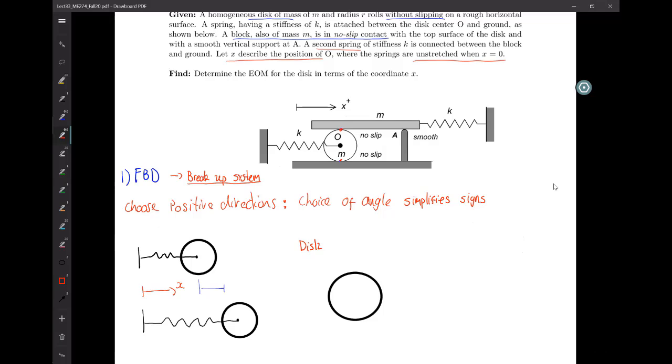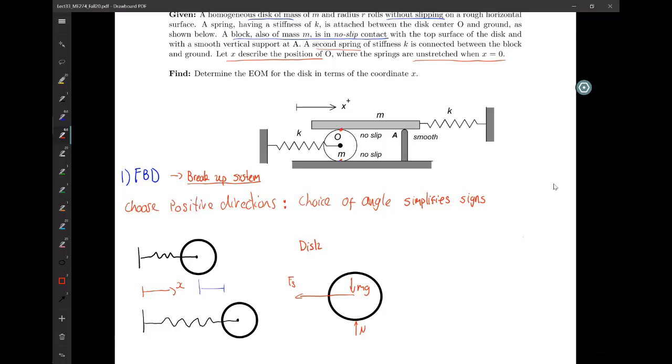Okay, let's do the spring force. Is it going to be to the left or to the right? To the left, right, under this choice. What other forces are there? We have weight. We have a normal force. What else? Two frictions, exactly.